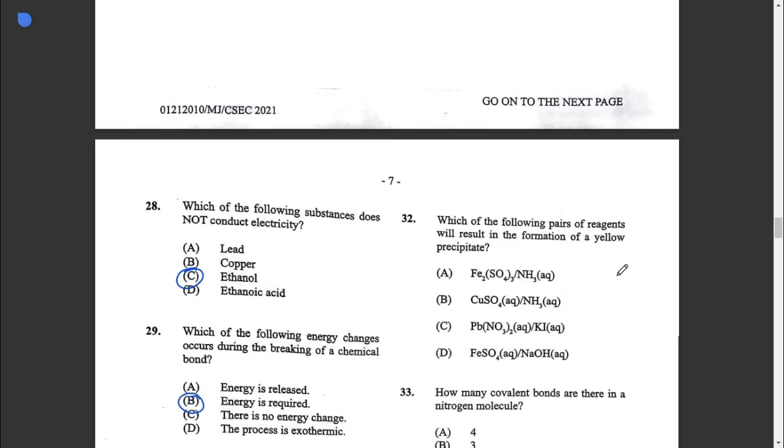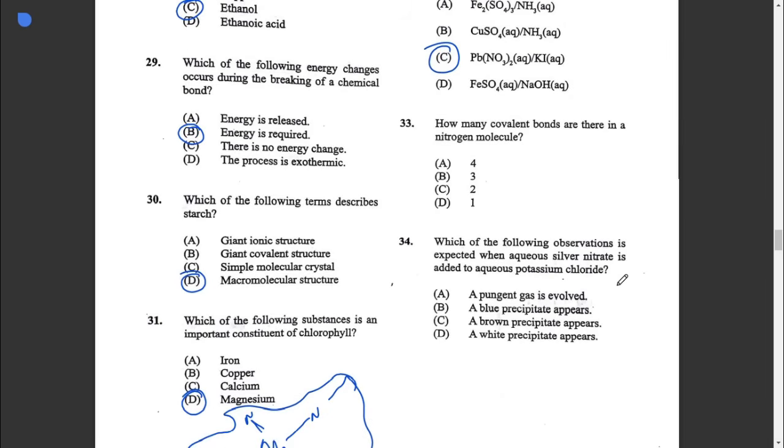32. Which of the following pairs of reagents will result in the formation of a yellow precipitate? We have seen this process when looking at qualitative analysis, where we add potassium iodide to the unknown solution, and if a yellow precipitate forms, we know that lead is present. 33. How many covalent bonds are there in a nitrogen molecule?